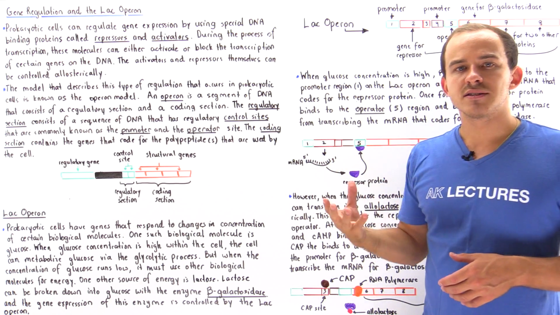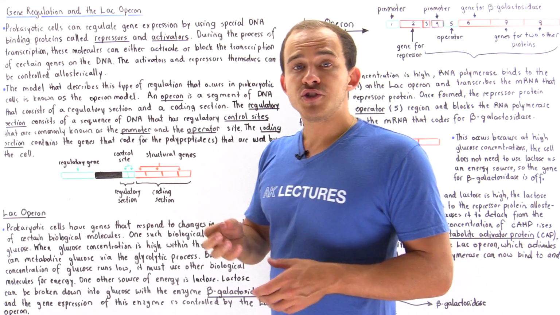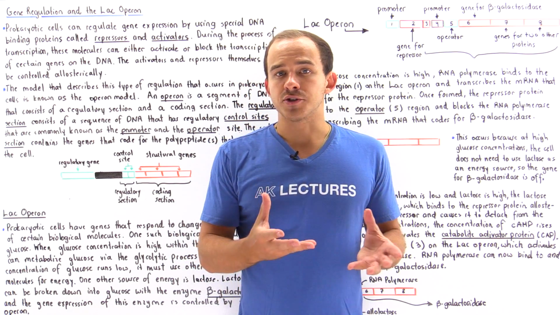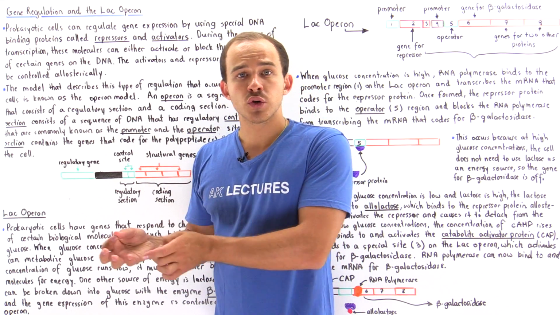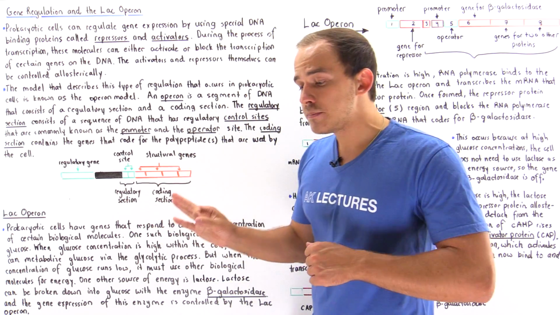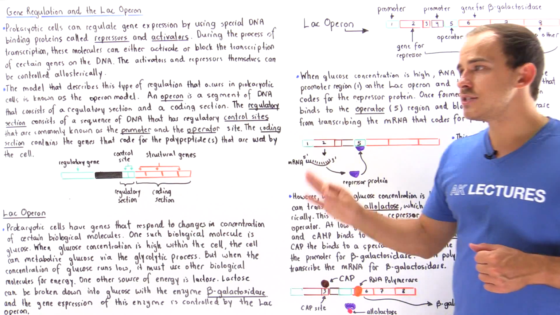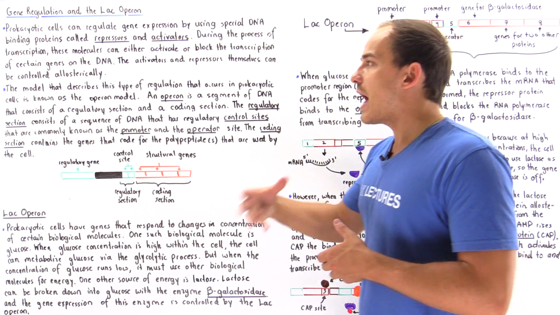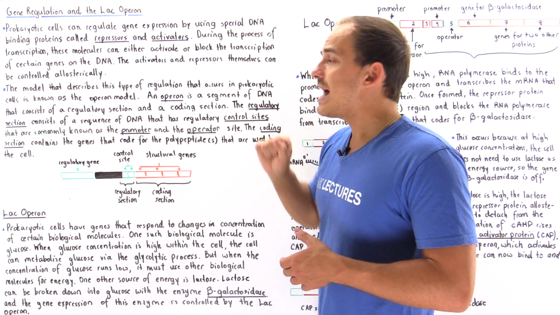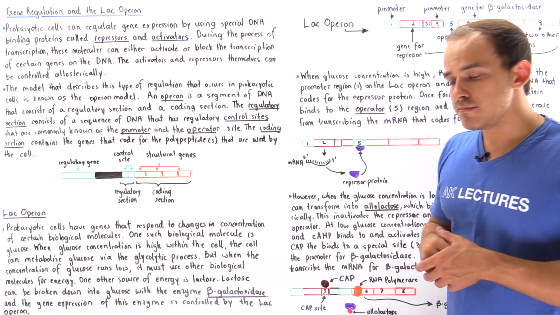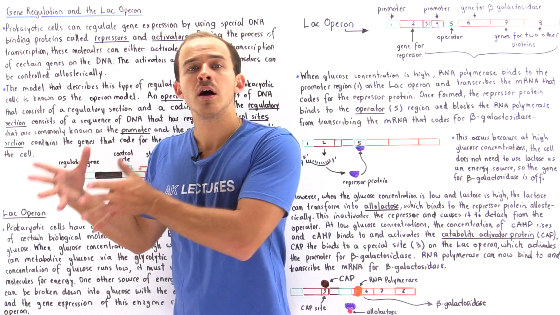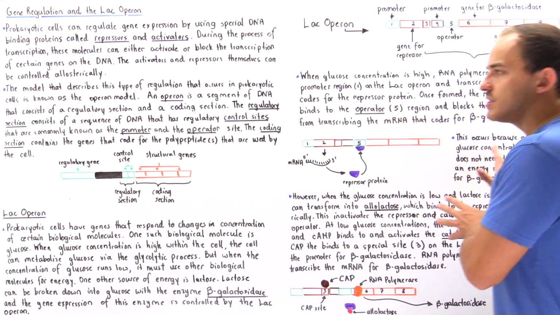So during the process of transcription, when we transcribe the DNA into RNA, the activators can basically activate transcription, while the repressors can block the process of transcription and ultimately block the synthesis of proteins that correspond to those genes. Now, our activator and repressor protein molecules can themselves be controlled allosterically by other molecules, as we'll see in just a moment.